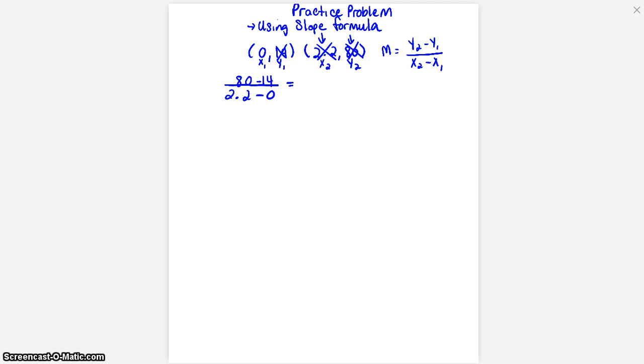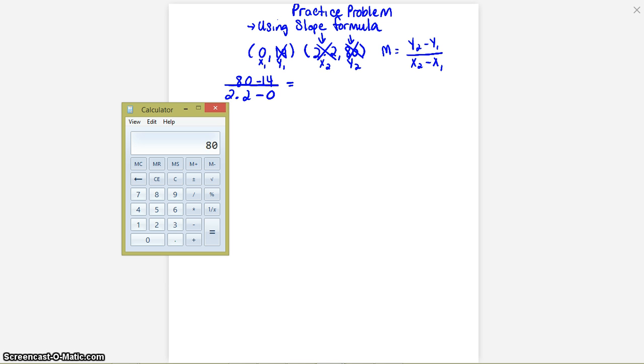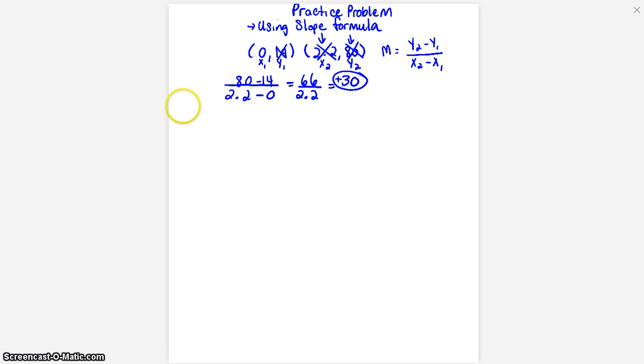Okay, so 80 minus 14, let's do this quickly. 80 minus 14, 66 on the numerator over 2.2 on the denominator. Now let's divide, and we get 30. So my slope is positive 30.